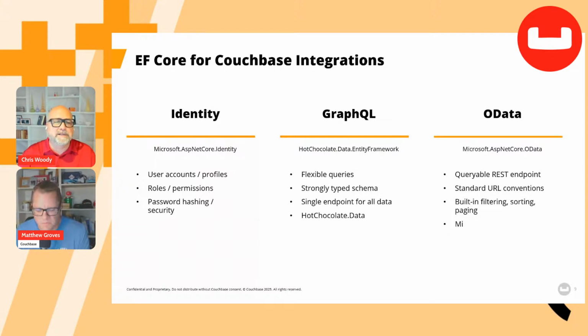I always think of it as building CRUD across HTTP, across the wire, and then getting those results back in your HTTP response. Usually you get it back in JSON in the HTTP response body. So with all these different libraries, these are all things you could do already with Couchbase for sure. But since there's an EF Core provider, these things become a whole lot easier to start using right out of the box.